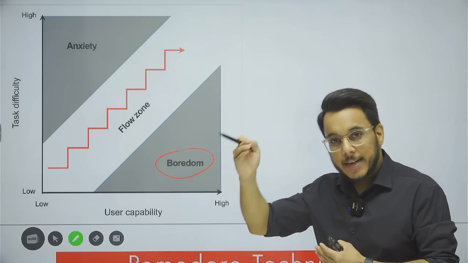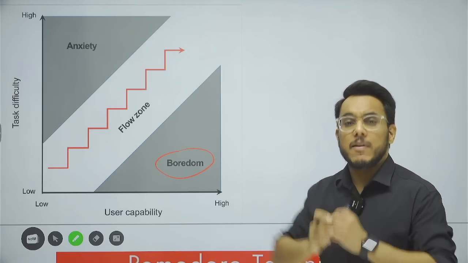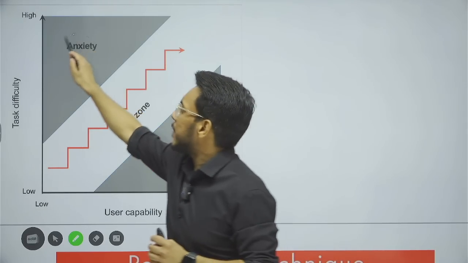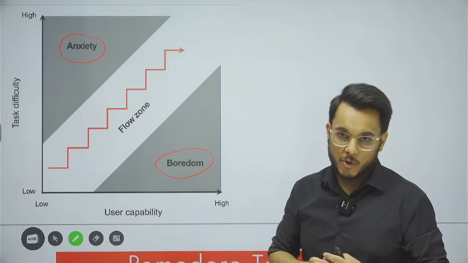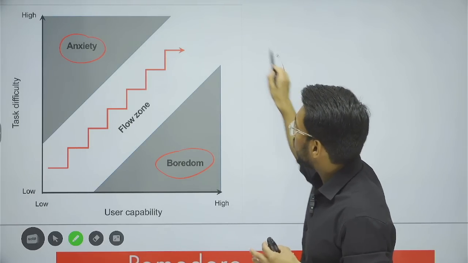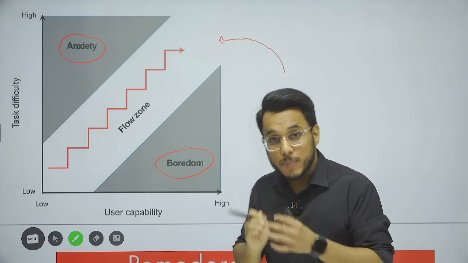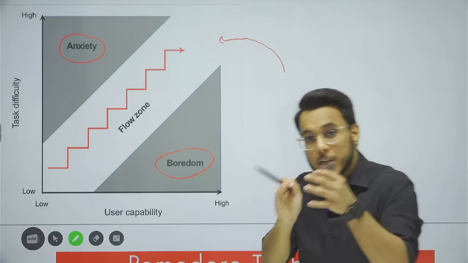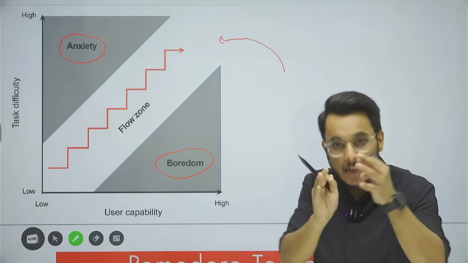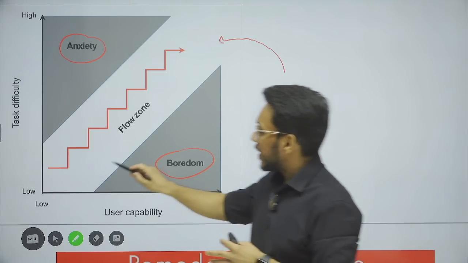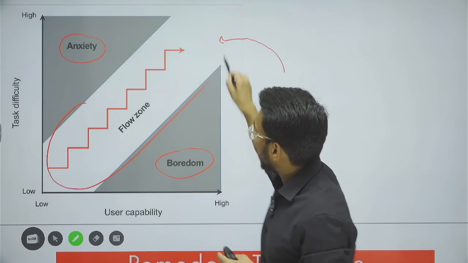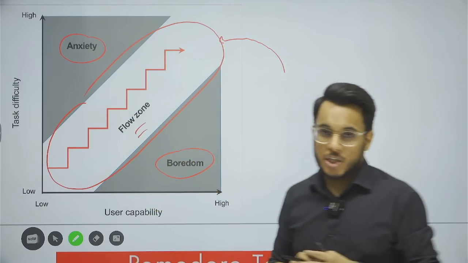However, if the target that you have taken is very difficult, way above your capabilities, there will be anxiety and frustration. So, first of all, you need to identify your capability, and at the same time, you also need to identify the difficulty of a task. Because when you get this balance, a flow zone is achieved.